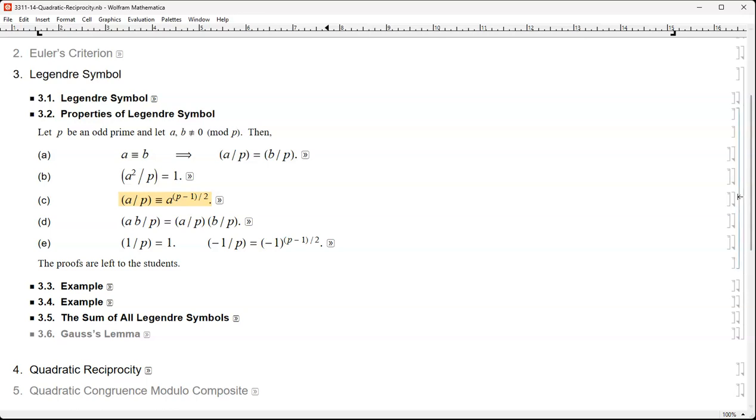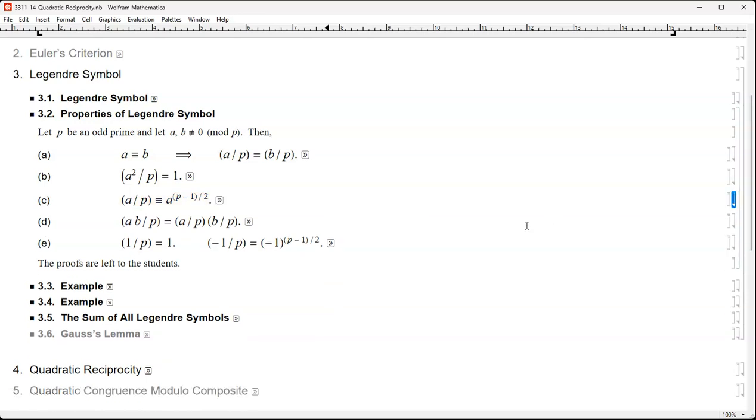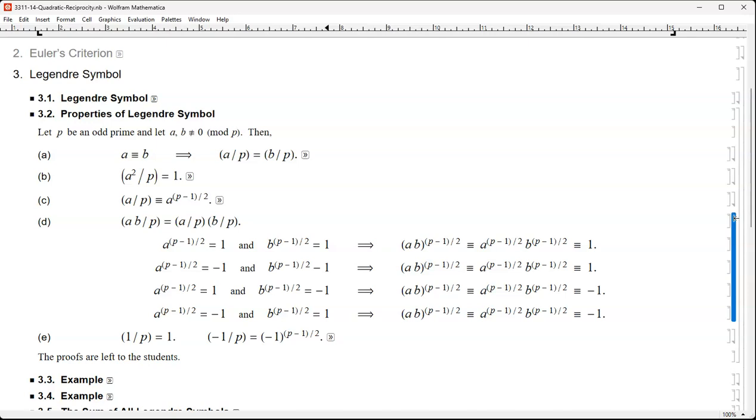A over P is congruent to A to the (P minus 1) over 2 power. And we are assuming A and B are non-zero mod P, by the way, so we don't have to worry about the singular case becoming 0. Finally, this one here requires a bit of dirty work. We have to consider all cases, A and B, and for each, plus 1 and minus 1.